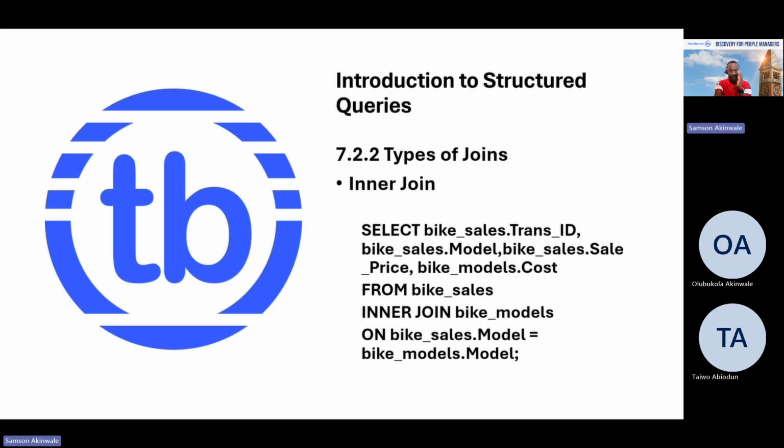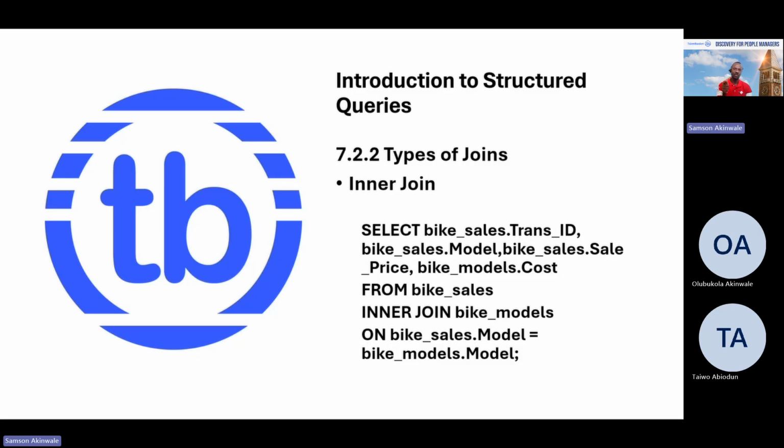So pull it out from those two tables, and the connection now should happen in a column called model. The reason is because I'm pretty sure that both tables have a column called model. So bike_sales.model is a column on the bike_sales table. bike_models.model is also a column in the bike_models table. And that is where the joining is happening.